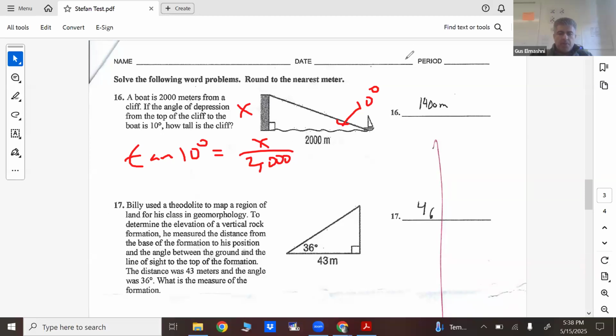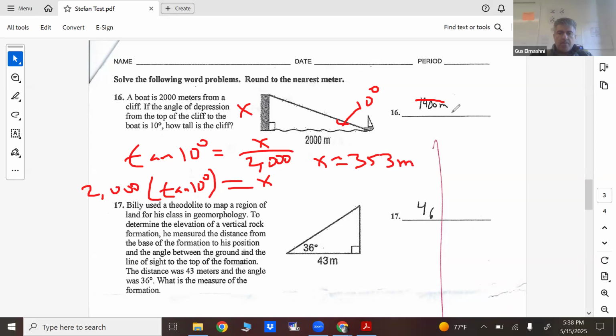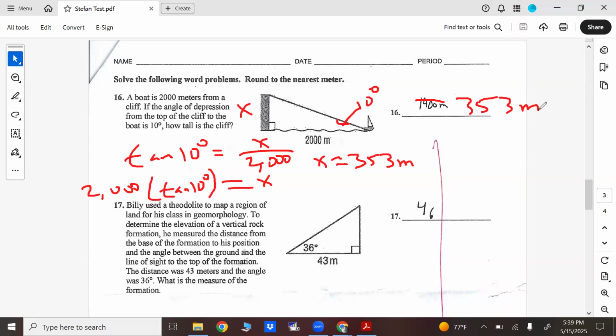So the answer around to nearest meter, so that'll be 350. 353. All right.